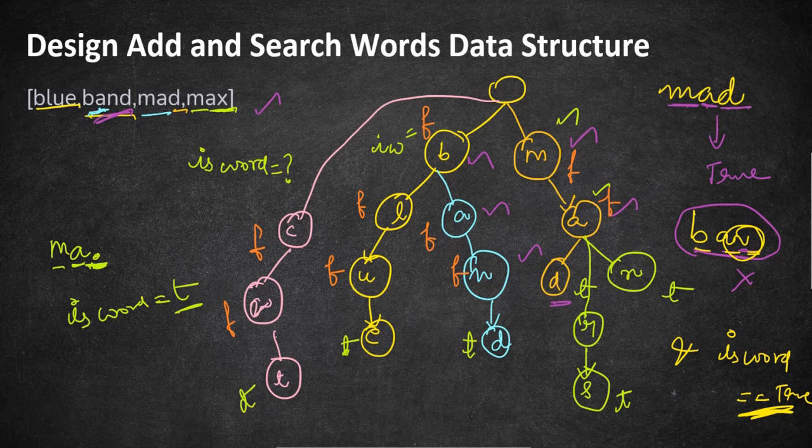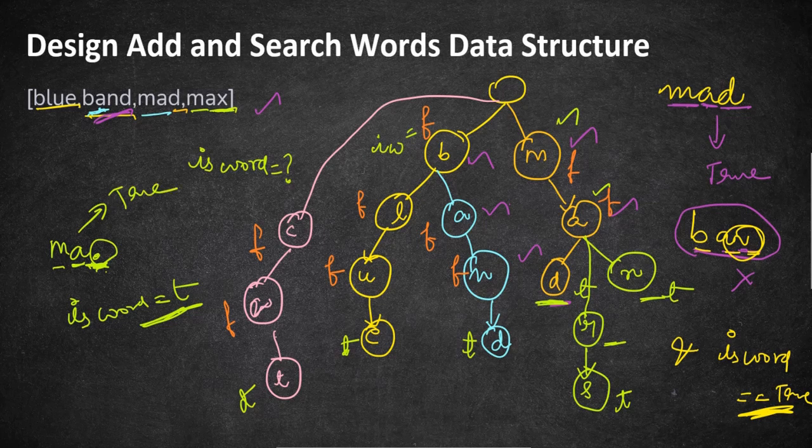So let's look at the algorithm. We have three possible characters, which are D in mad, R in Mars, and X, which is also the end of max. In this case, we can end our search at D itself, because whatever character it may be, it has is word equal to true. So we can directly return true.